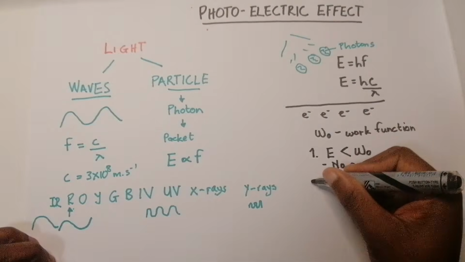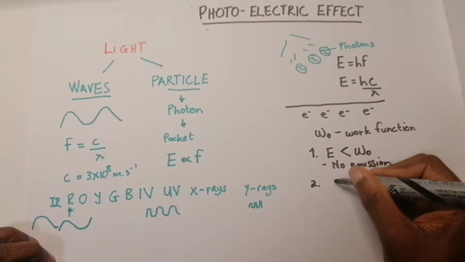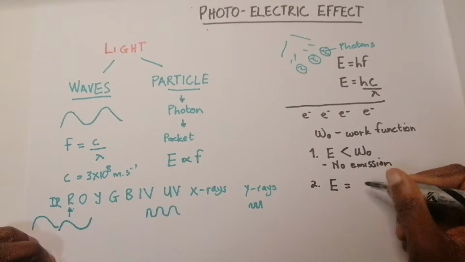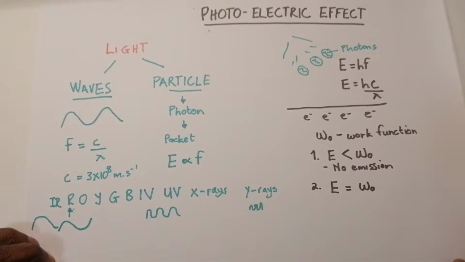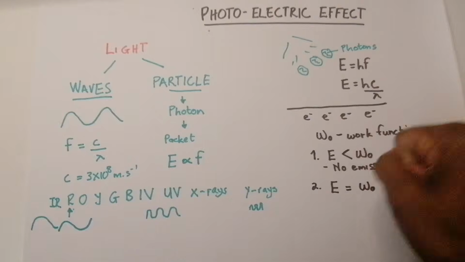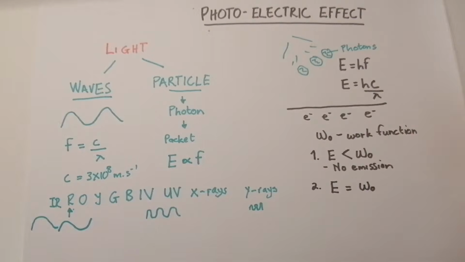Number 2, if the energy of the photon is equal to the work function, I want you to think about Newton's laws in a sense. If I ever wanted to lift something, how much force must I use to actually lift something?